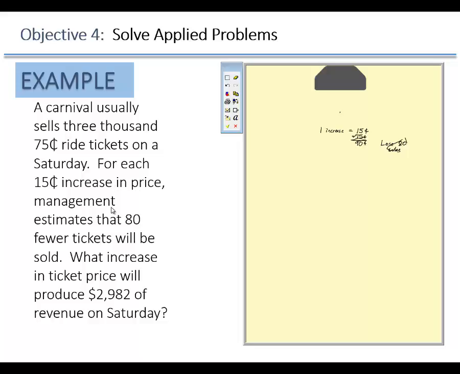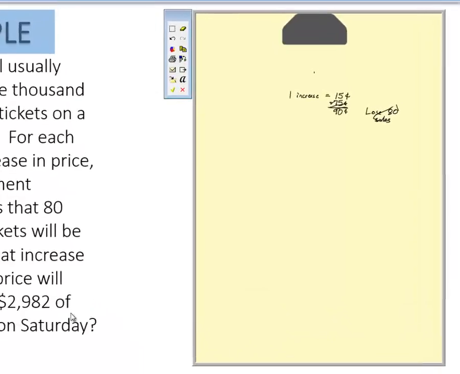All right. Well, what we want to do is figure out exactly how many times we should increase the ticket price so that we end up with $2,982 in revenue. Well, here's what we know.